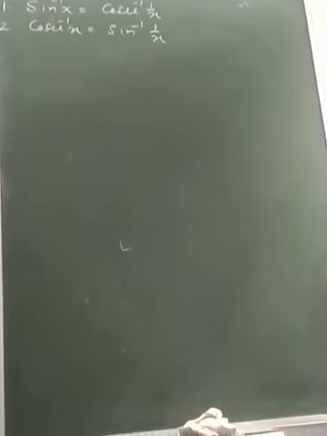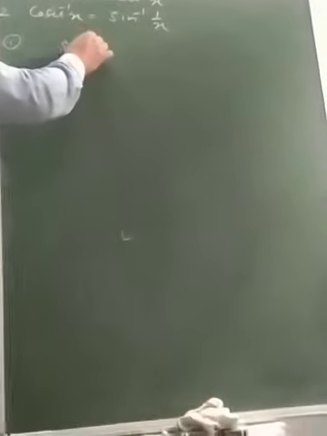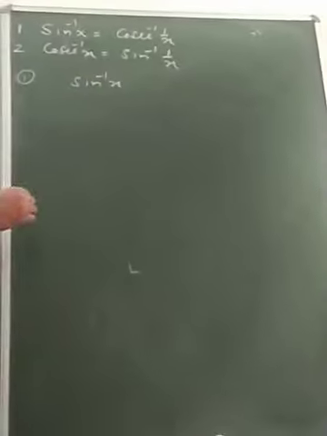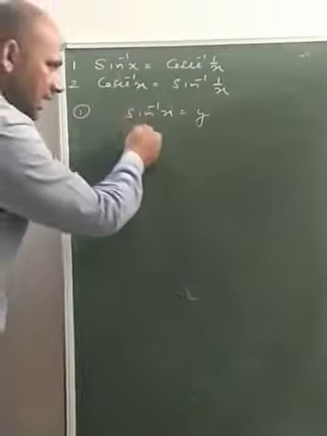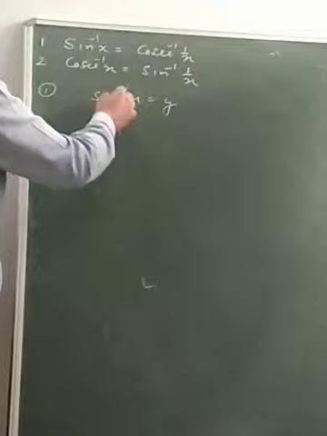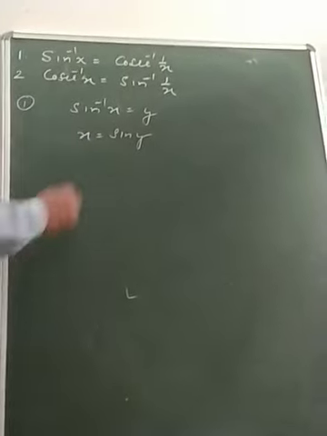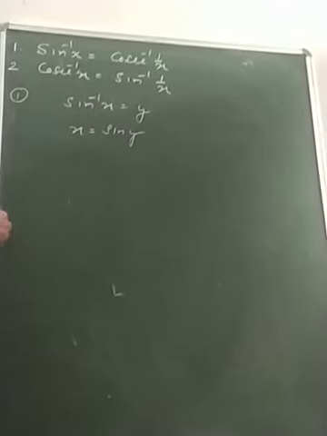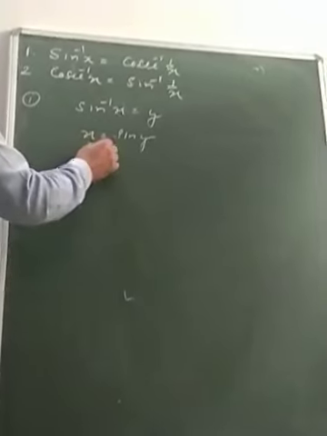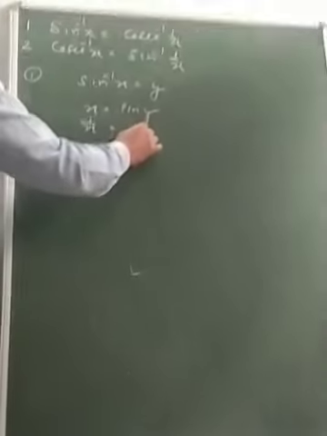Okay, how can we prove the first part? Sine inverse x, we suppose it is y. On the right side, sine inverse changes into sine y, so x is equal to sine y. Now taking reciprocal, 1 by x is equal to 1 by sine y.